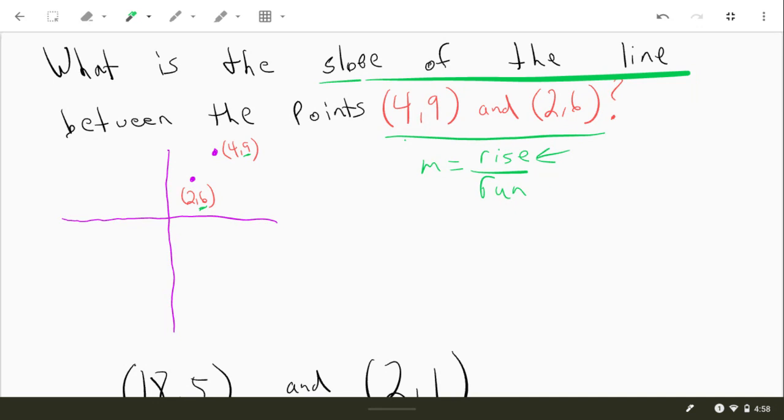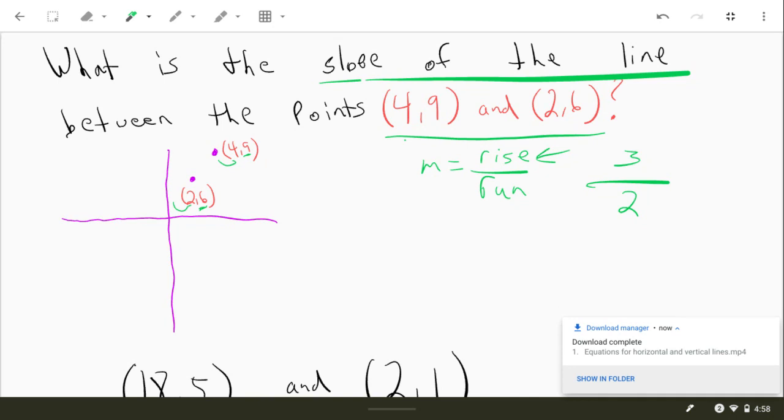So our rise is 3. For the run, the horizontal distance, those are the x values, the 2 and the 4 here. From 2 to 4, that's just 2 over. So it's 3 on top and 2 on the bottom, and it is positive because you can tell from the graph that it is a positive slope.